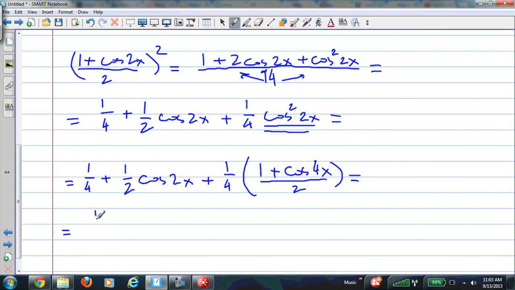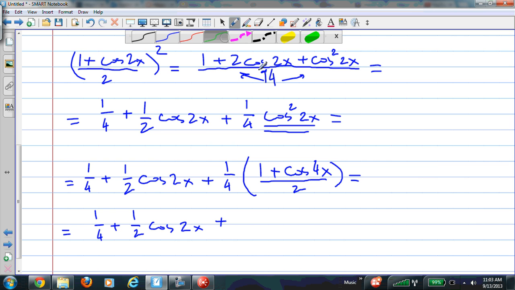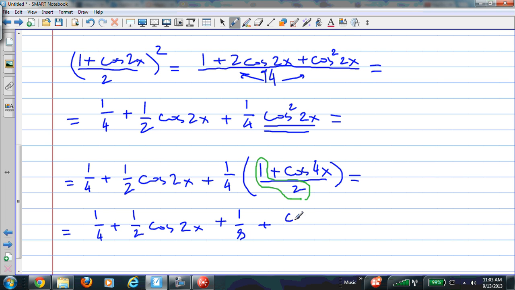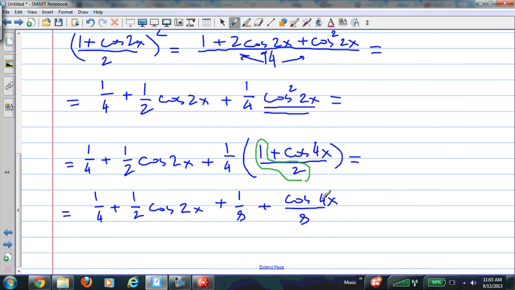So overall, this is 1/4 plus 1/2 cosine 2x plus 1/4 times, right here is 1/2, that's plus 1/8, then plus cosine 4x over 8 as well.